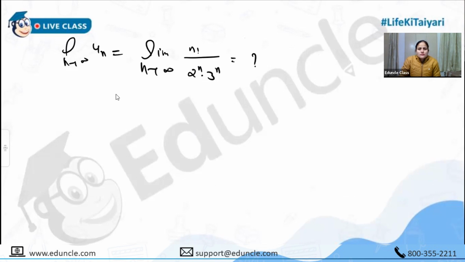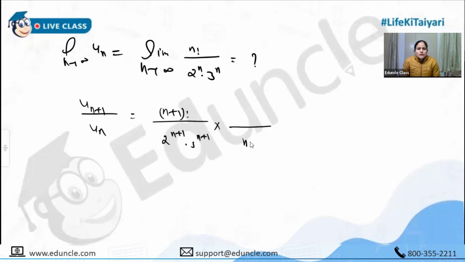Ratio will work. Let's have a look. Take u_{n+1} upon u_n. So (n+1) factorial upon 2 raised to n+1 into 3 raised to n+1, into 2 raised to n, 3 raised to n upon n factorial. So I am just having (n+1) divided by 6.